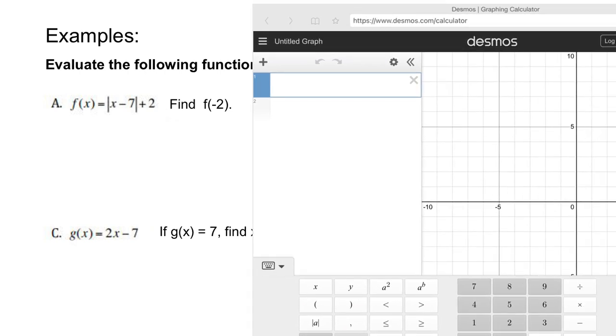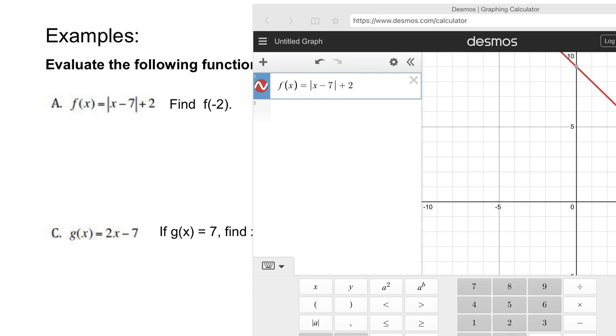So if I go and I put in f of x equals absolute value, and I use this little a right here for that, by the way, x minus 7, plus 2.